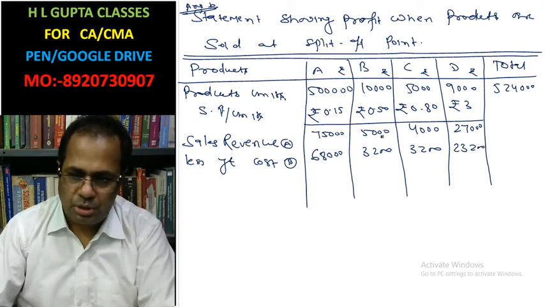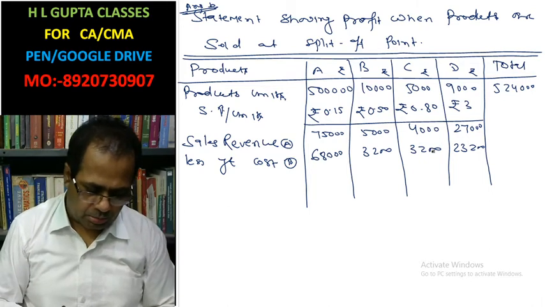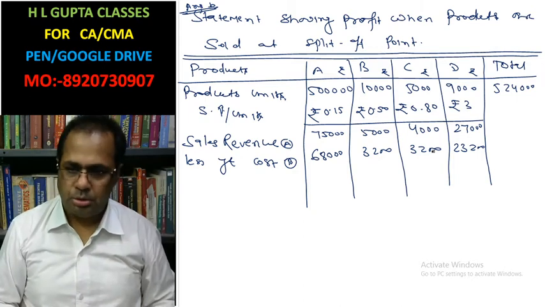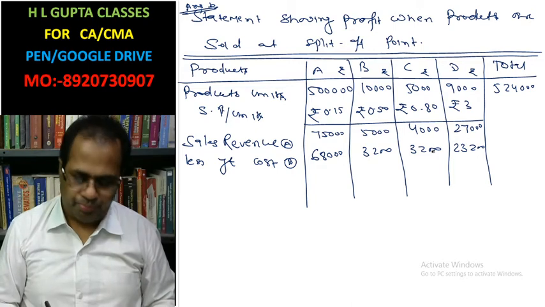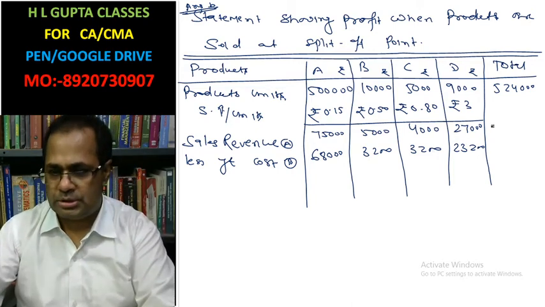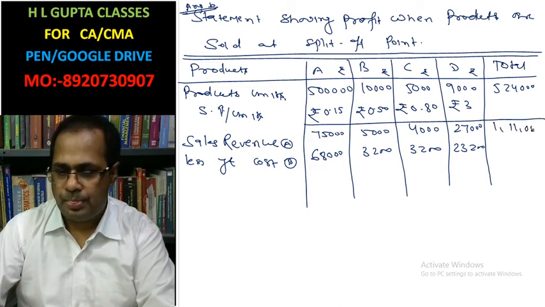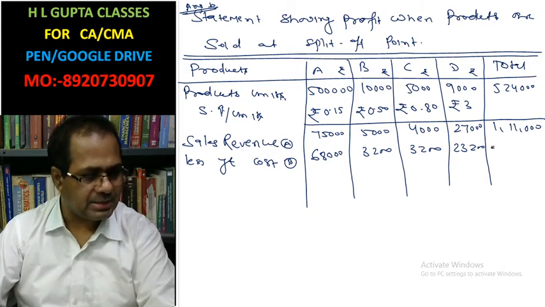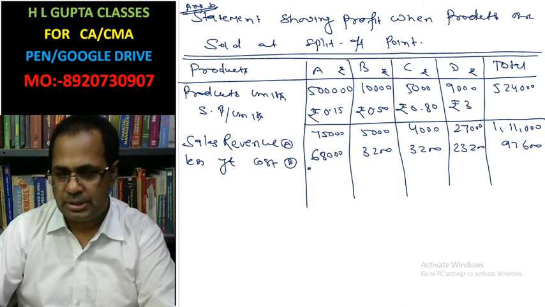So this total sales revenue you have is 75,000 plus 9,000 plus 27,000, which is 1,11,000. This joint cost is 97,600.